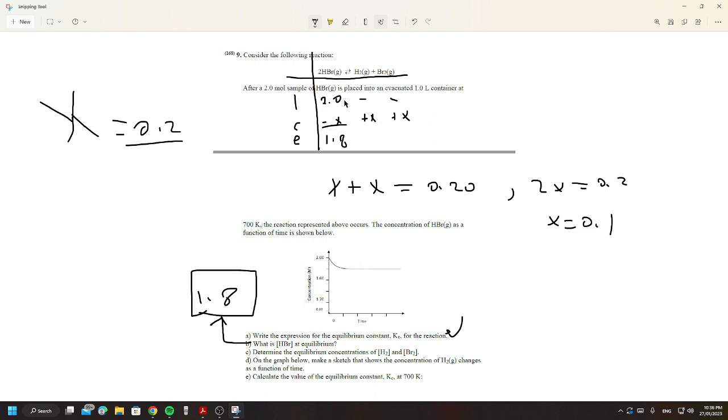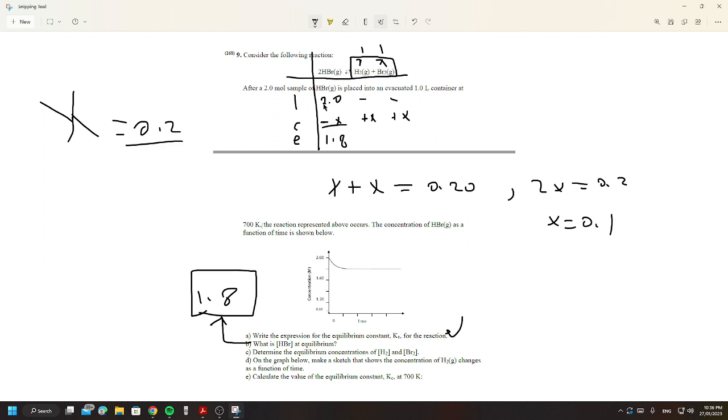The concentration of the products formed is the same for each product because the coefficients are the same. Coefficient here is 1 and coefficient here is 1.